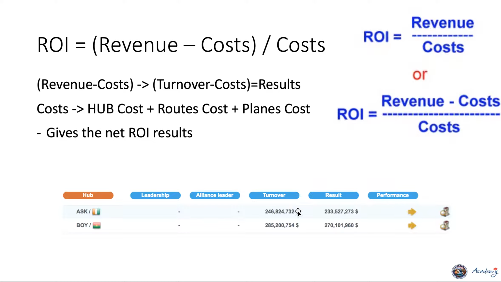The costs have been removed, so my daily turnover minus my cost gives me my result, and that is what I want to divide by my cost. Again, my cost will be exactly the same: my hub cost, plus the routes and the planes to set up that whole operation.